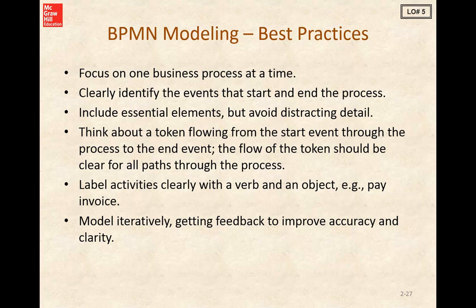Think about a token flowing from the start event through the process to the end event, and the flow of the token should be clear for all paths through the process. Label activities clearly with a verb and objective, and model getting feedback to improve accuracy and clarity.